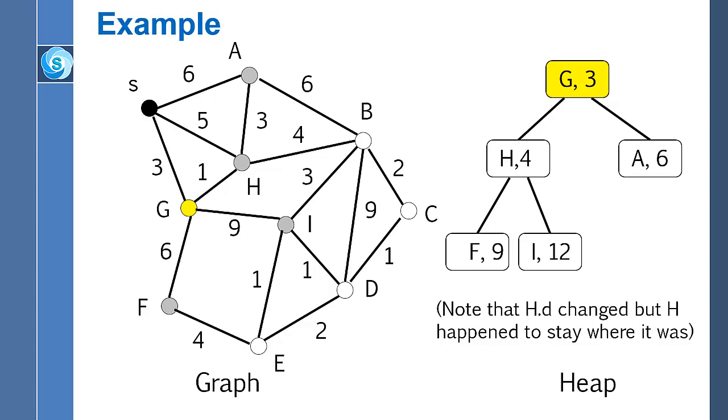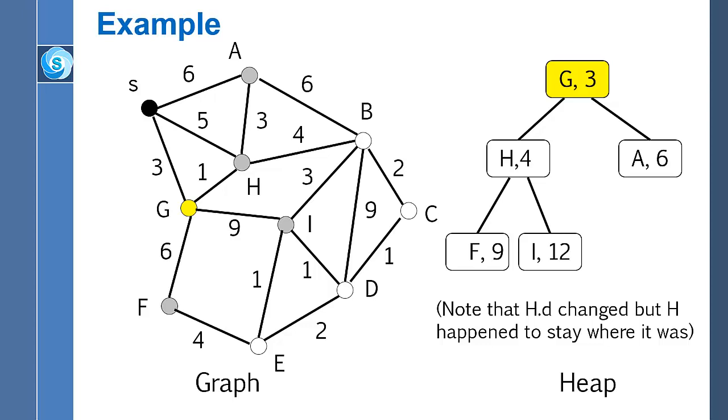How does that compare to the current value of H dot little d? What is the current value of H dot little d? Well, it's 5, isn't it? Go back to the previous slide and you'll see that we added the vertex H with priority 5 because H dot little d was 5 because that edge from S to H is 5.